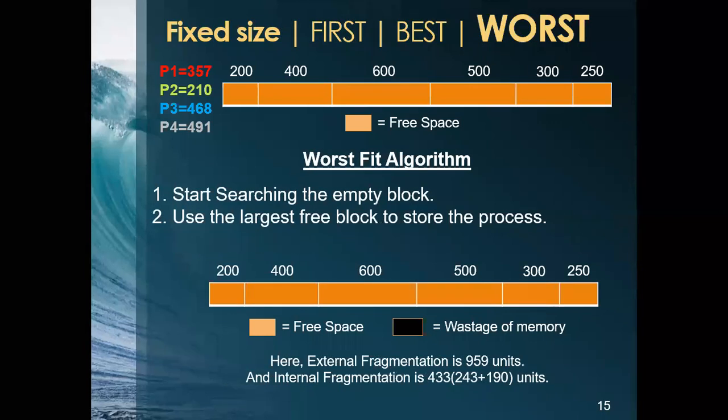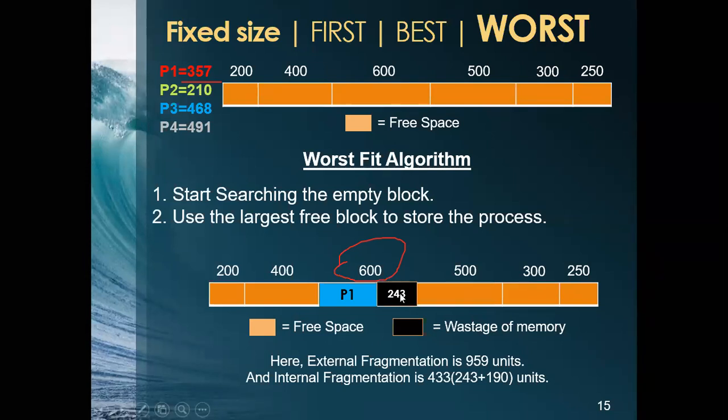And finally, in the worst fit algorithm, what we do, we always search for the highest space. So if I want to store 357, which one is the highest here? The largest, 600, right? So I will use 600. And if you see, it will be stored here, and already there is an internal fragmentation of 243.